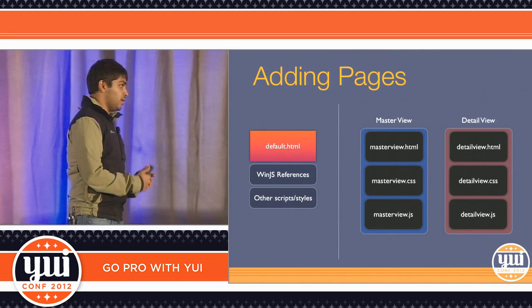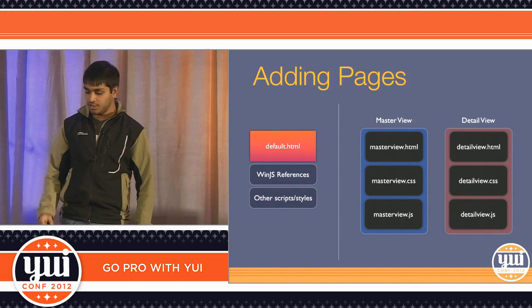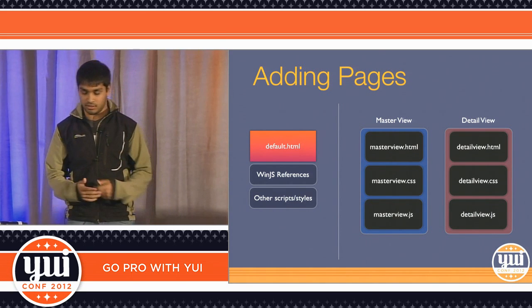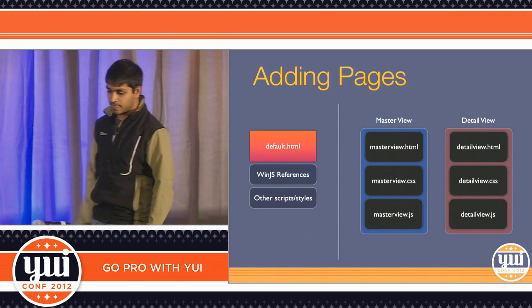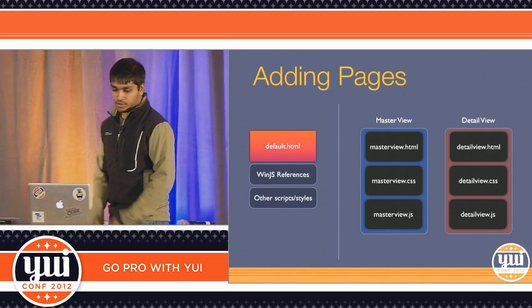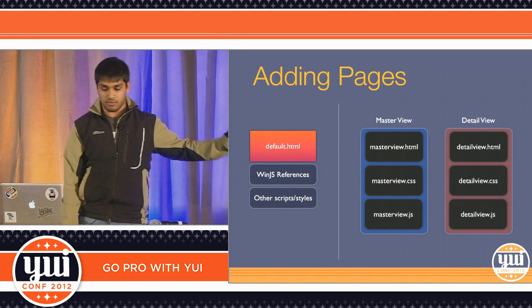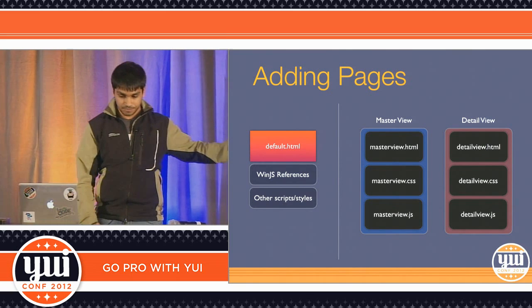Obviously, you need more than one page in your application, right? So if you want to add a page, each new page that you add, or in mobile terms, each new view, I guess, is its own set of HTML, CSS, and JavaScript. So if you wanted to add 2 new views here, master view and detail view, I would have HTML, CSS, and JavaScript for each of those.